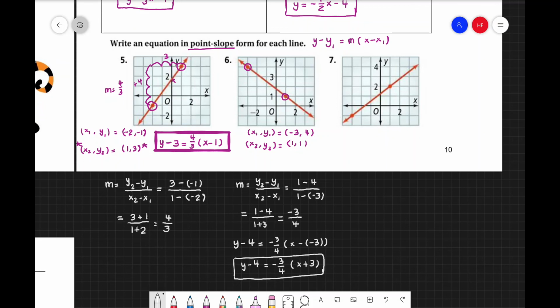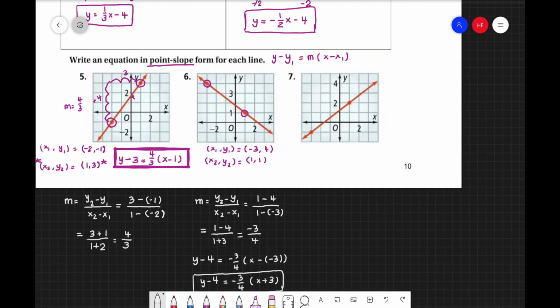And then we'll do the same thing on number 7, but this time I'm only going to use the graph. So I'm not going to use the slope formula, just so we can see the difference in what we would do. So on number 5, we did both ways. On number 6, we only did slope formula. And on number 7, we're only going to do from the graph. So my first point is here.